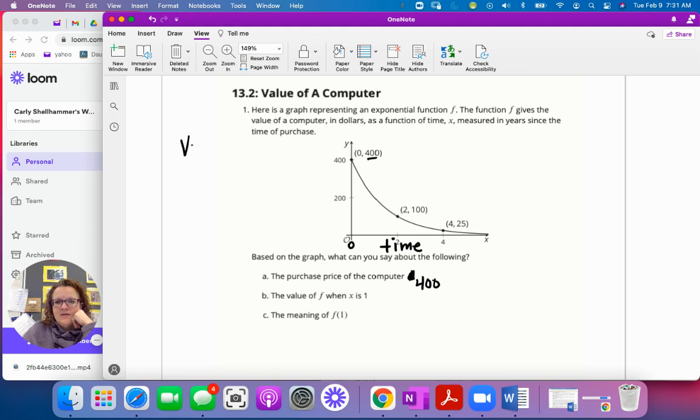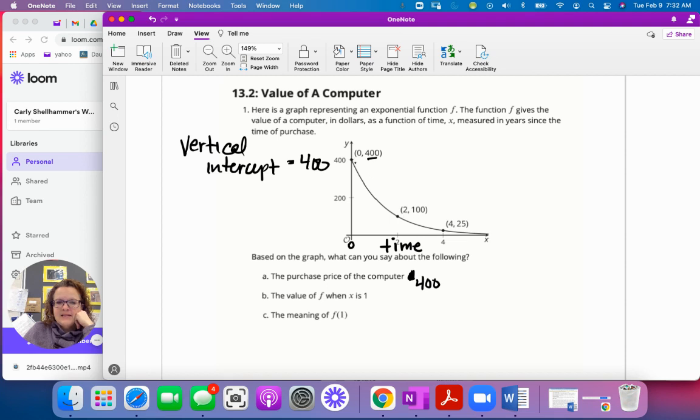Okay, that is my vertical intercept. It is 400. The value of f when x equals 1. So somewhere in between here is the value of f when x equals 1. It looks like when time equals 2, I'm down to 100.